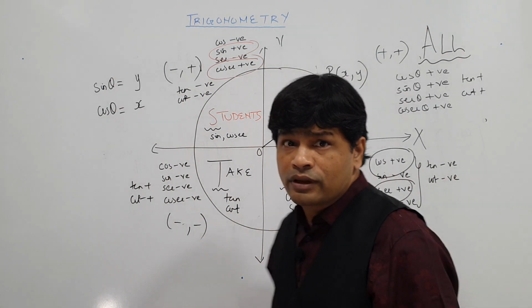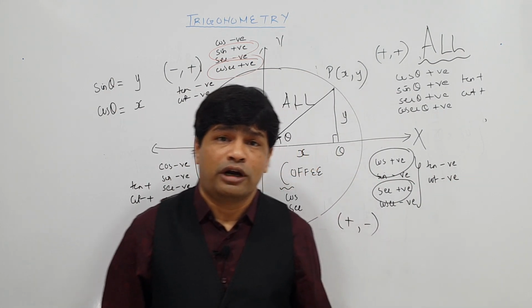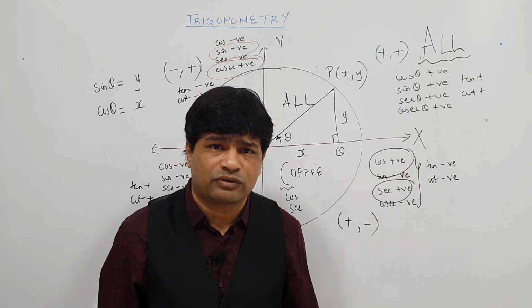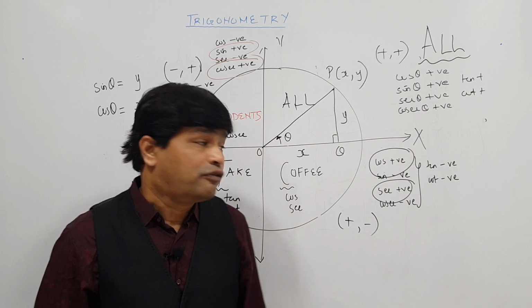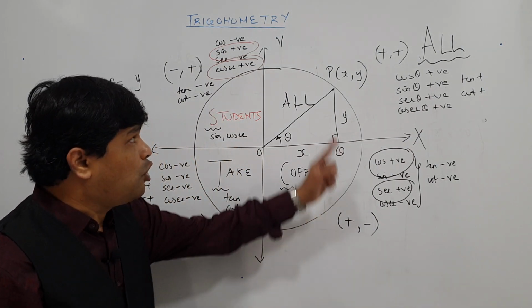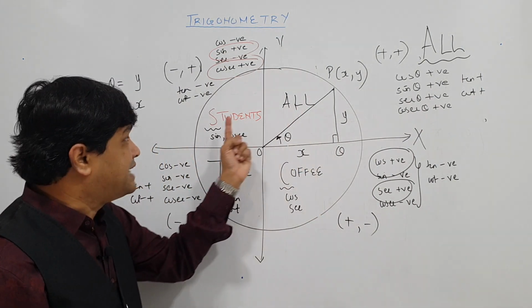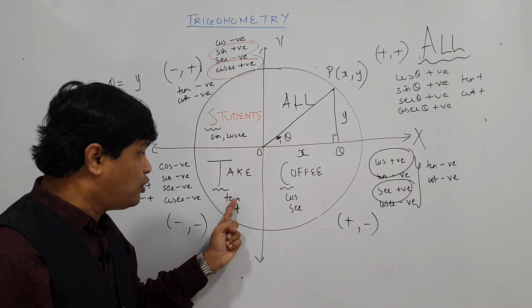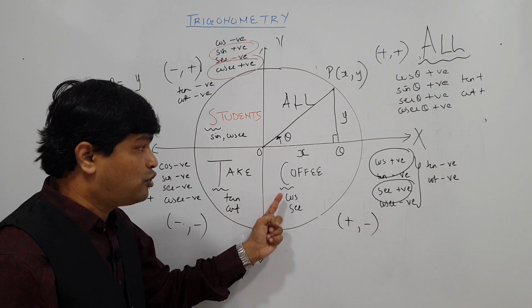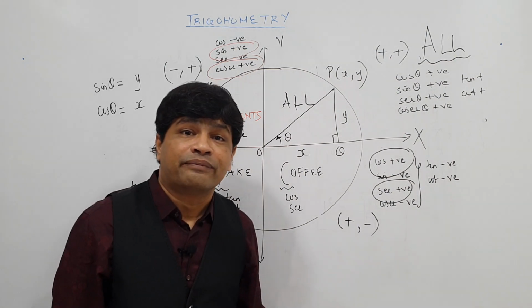So children, we studied a very important point which will be applicable in so many questions while solving, and this forms the basis of trigonometry. In the first quadrant, all ratios are positive. Second, sine and cosec, the word is students. Third, tan and cot, the word is take. Fourth, cos and sec, the word is coffee.